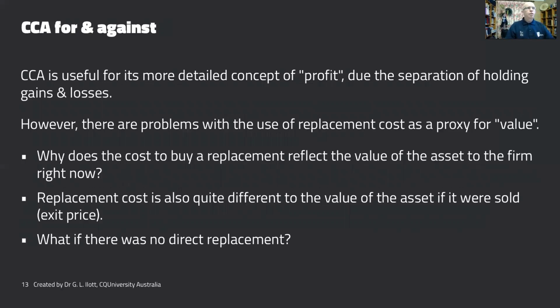So CCA gave us a more detailed concept of profit due to its idea of separating holding gains and losses. But again, there were problems with the use of replacement cost as a proxy for value. Why is that an effective proxy for value, you ask? The answer is not readily available.